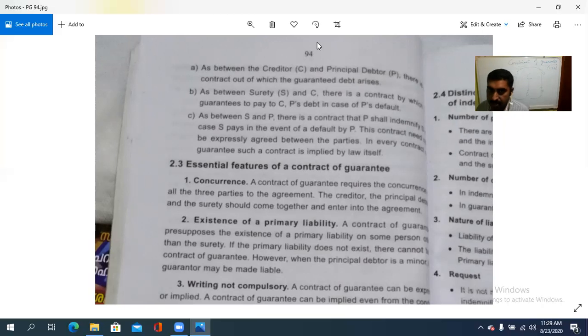Okay, clear? So these are the terms with regard to contracts of guarantee.